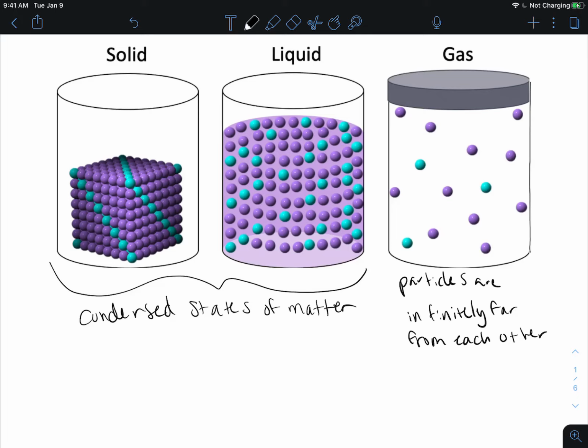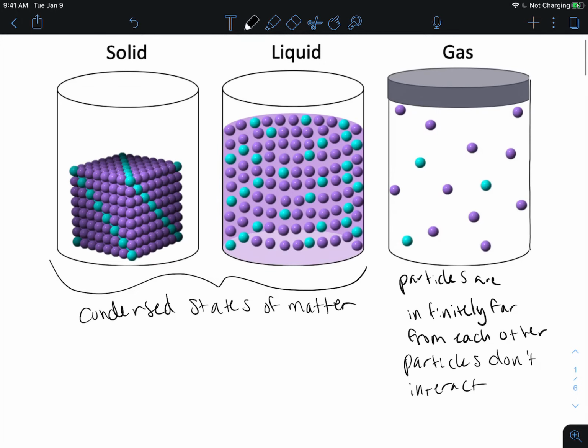So that means in our gas, things don't interact. So our particles don't interact. But in our liquid and our solid, the particles are close, so they interact with each other.